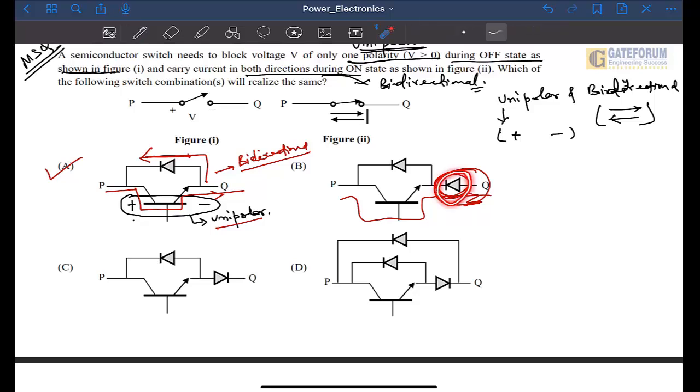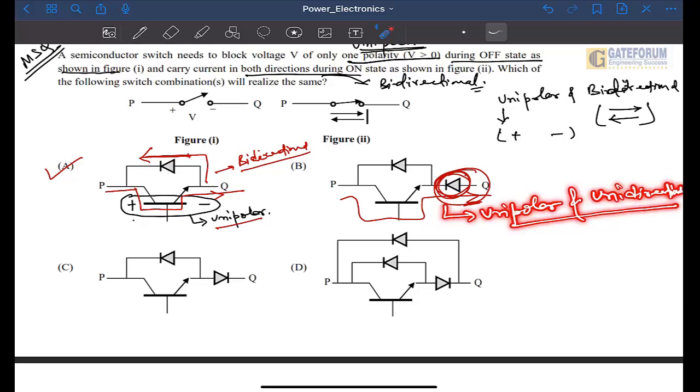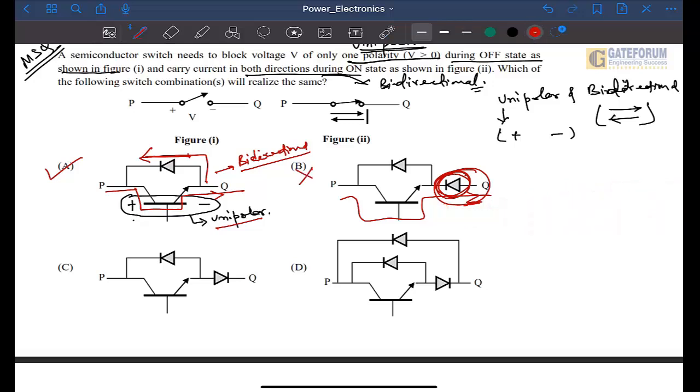With this diode, we cannot make current flow towards Q, but current can flow from Q to P in this way. So this switch is unipolar and unidirectional, which is not our requirement. Hence option B is wrong.